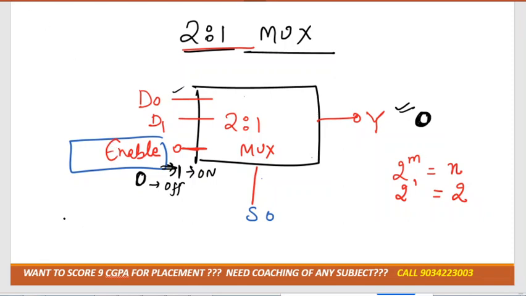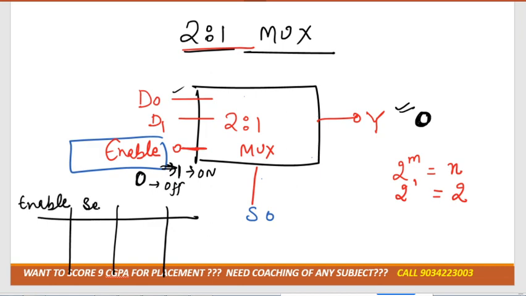Now we have to draw the truth table with the select line also. In this truth table, we have three columns: one is the enable pin, another is the select line, and another is the output, represented by Y. If the enable pin is 0, the select line can be anything, it can be 1 or 0, which is represented by a cross. So if the enable pin is 0, the output would always be what, 0 or 1?